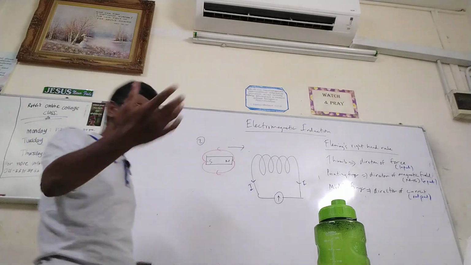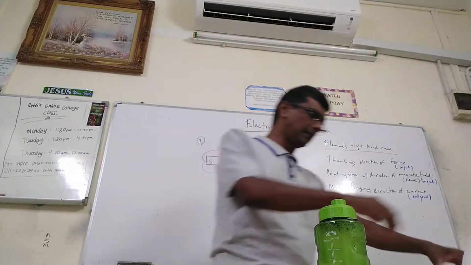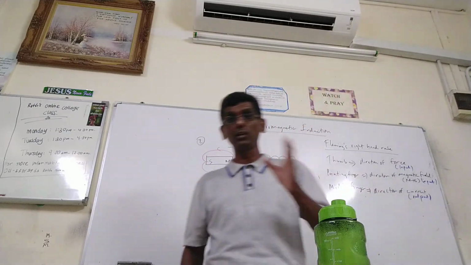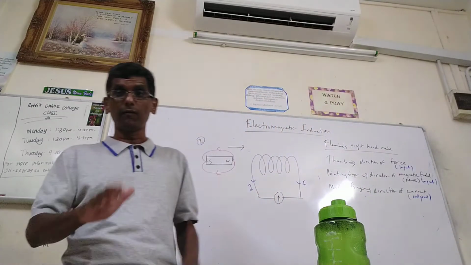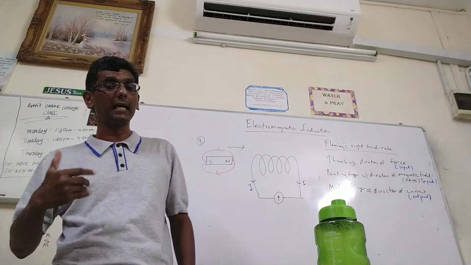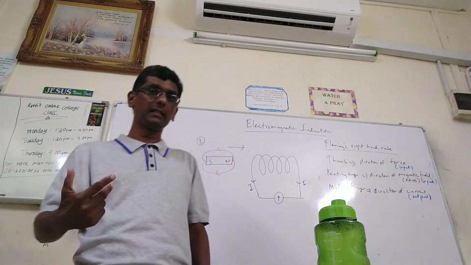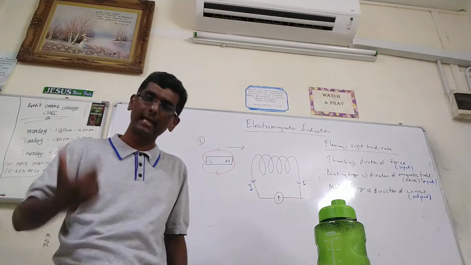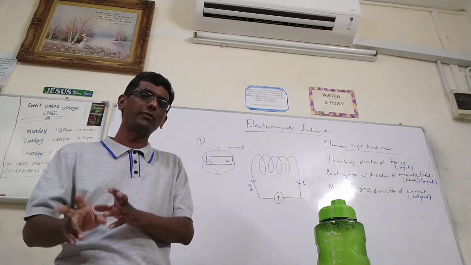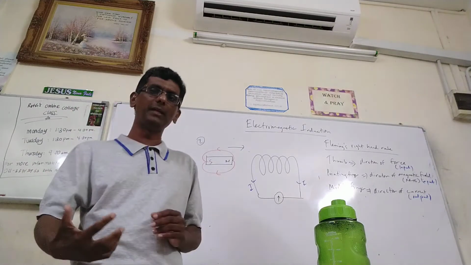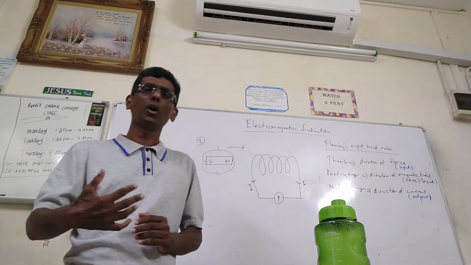I'll repeat again. Fleming's left hand rule is the motor rule. Fleming's right hand rule is electromagnetic induction, chapter 3, subtopic 3.3. Electromagnetic induction means production of current.